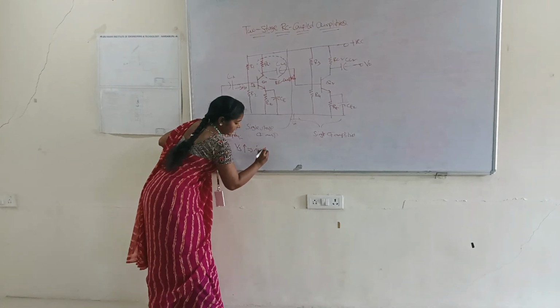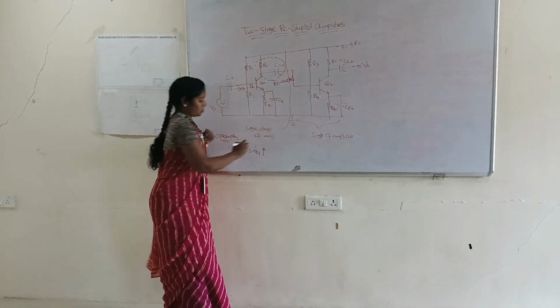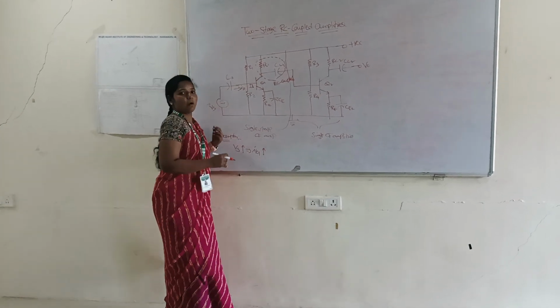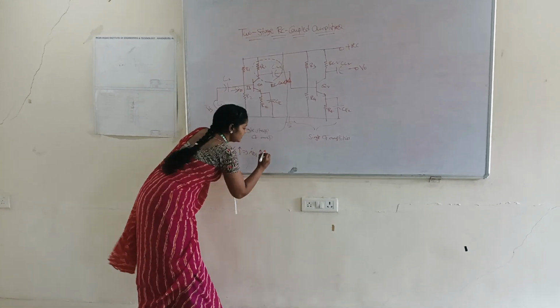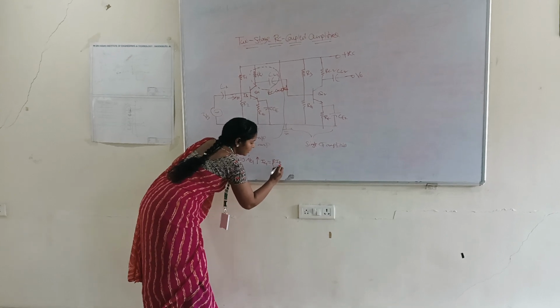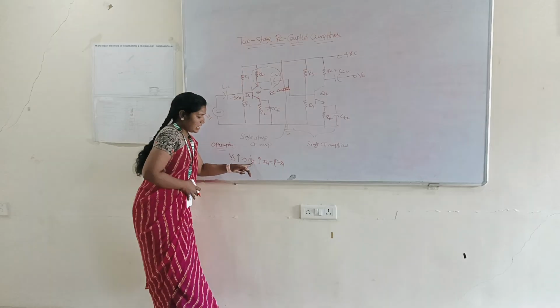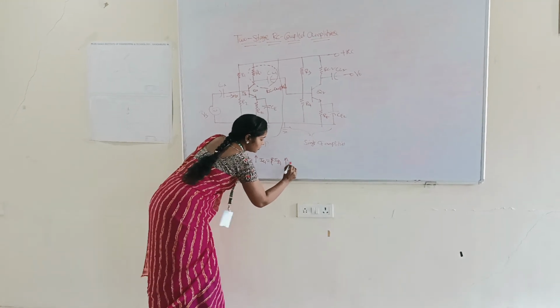IB1 increases, so IC1 also increases. What's the relation between the base current and collector current? IC equals beta IB. So IB1 is increased, that means IC1 also increased.